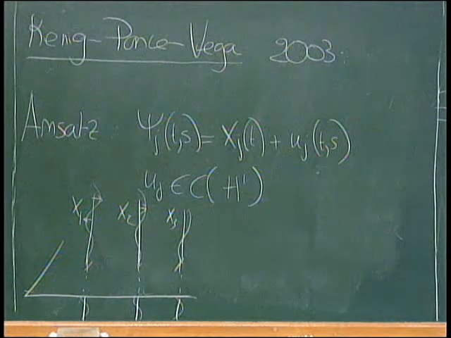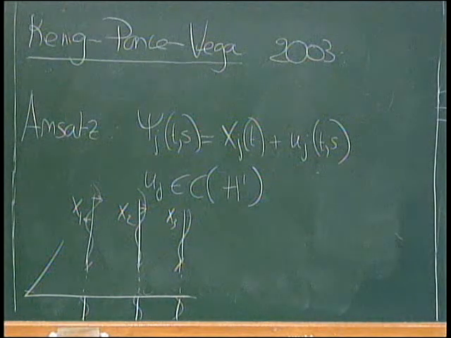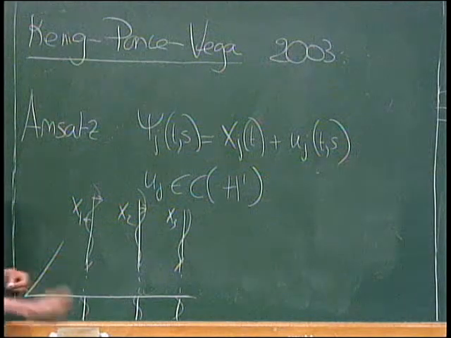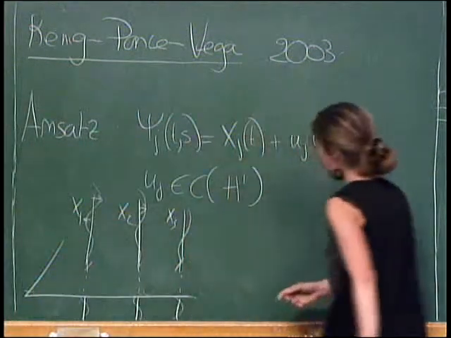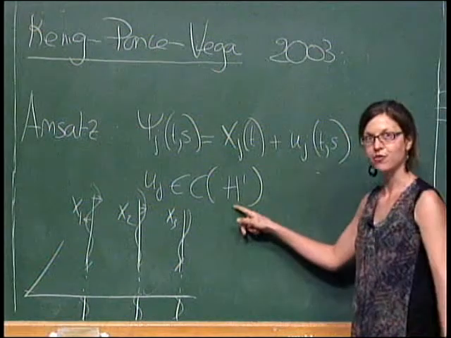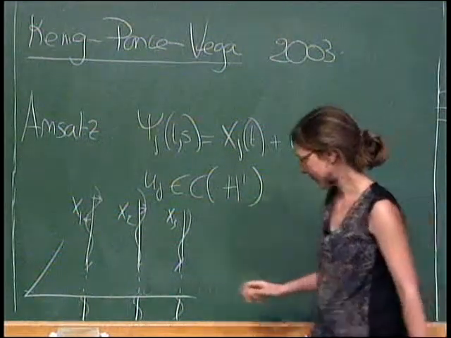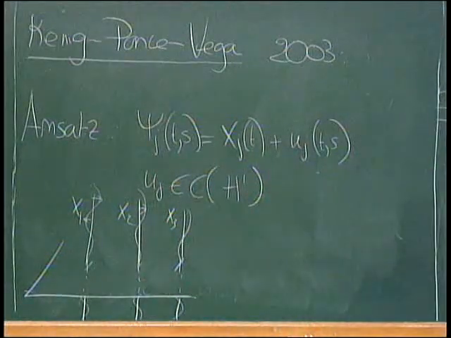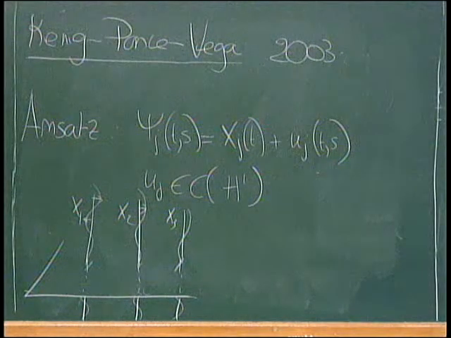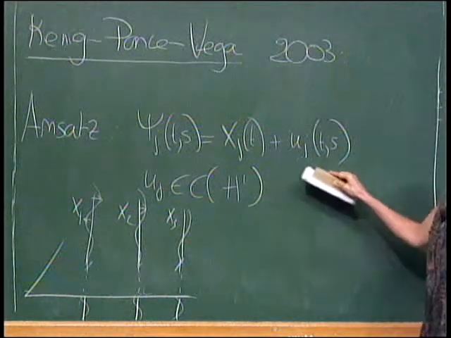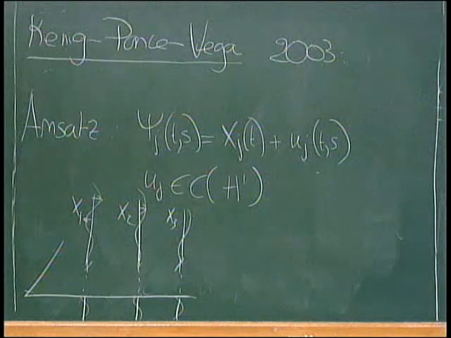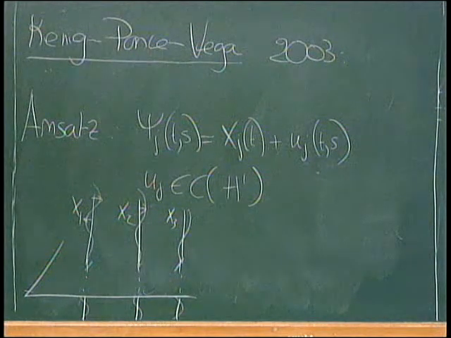And the second observation is that since we deal with one-dimensional functions, H1 is embedded in L infinity, the space of continuous functions vanishing at infinity. So if we control the H1 norm of uj, we control the L infinity norm of uj. So the goal is to construct a global solution uj of the corresponding system of equations for which the H1 norm is not too large.